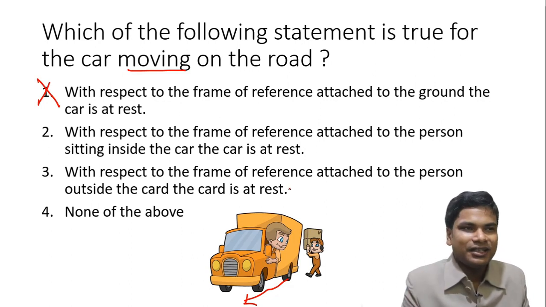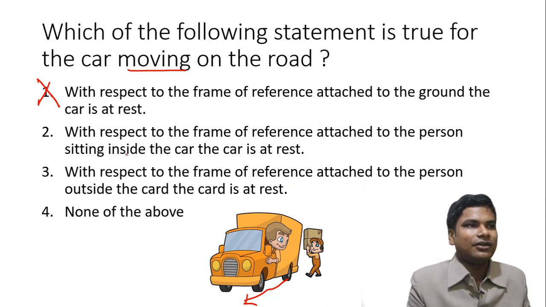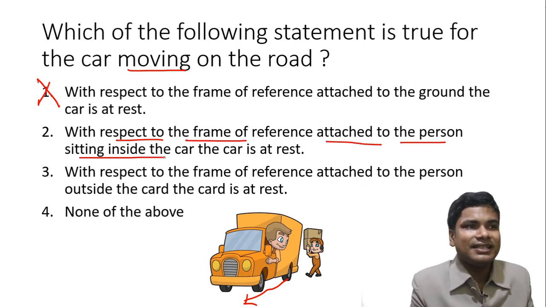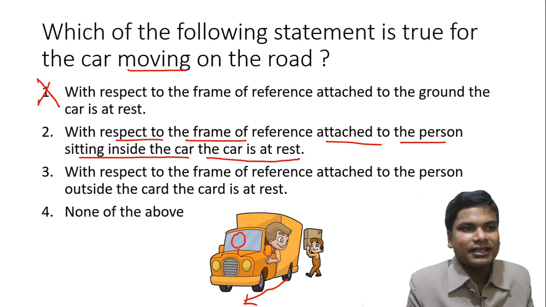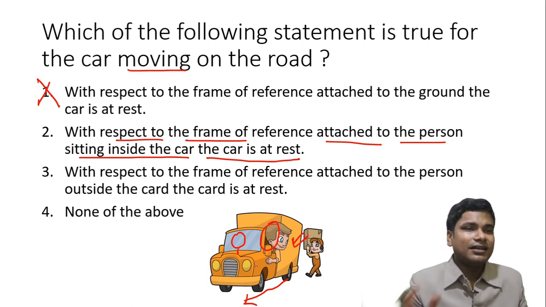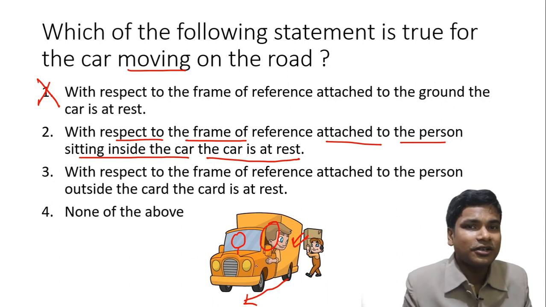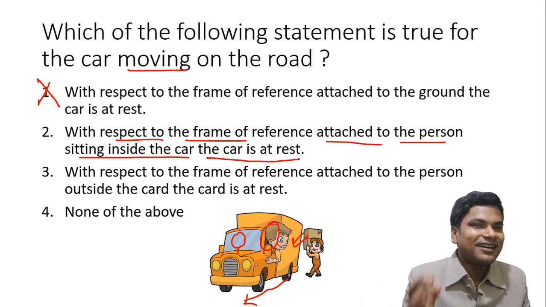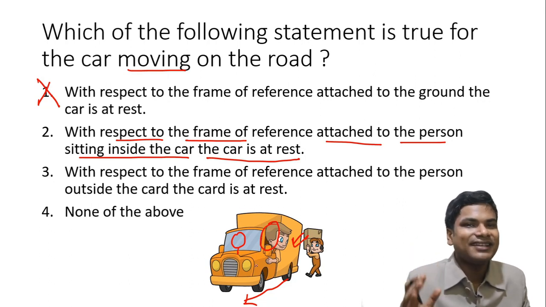Now let me take you to the second statement. With respect to the reference frame attached to the person sitting inside the car, the car is at rest. Now suppose there is another person sitting over there. With respect to this person, whether the car is at rest or not, what is your answer? Obviously the car is at rest.